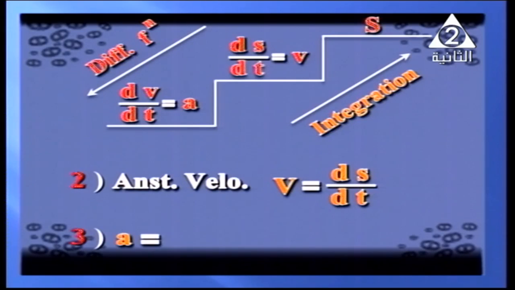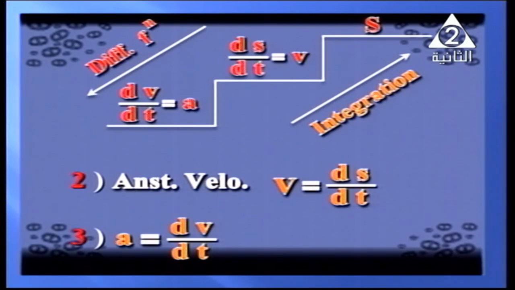Acceleration equals dv over dt. In this case, we use differentiation. But, my dear student, if we have acceleration and the required is velocity or displacement, what do you do? If the given is acceleration and the required is velocity, we make integration. If the given is velocity and the required is displacement, we make integration also.